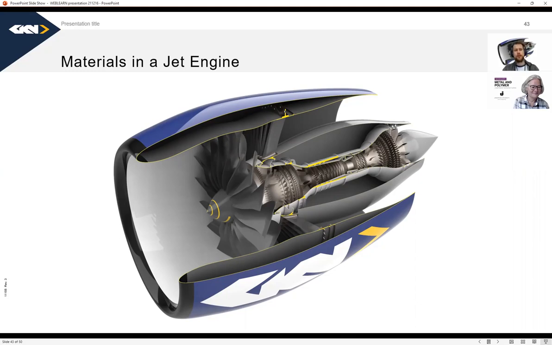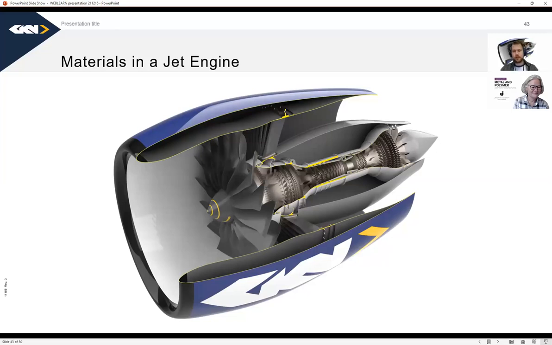So really, when we want to increase the efficiency of a jet engine, the air in the engine will become hotter. To account for that, we need to develop alloys that are more thermally stable and can handle these increased temperatures.